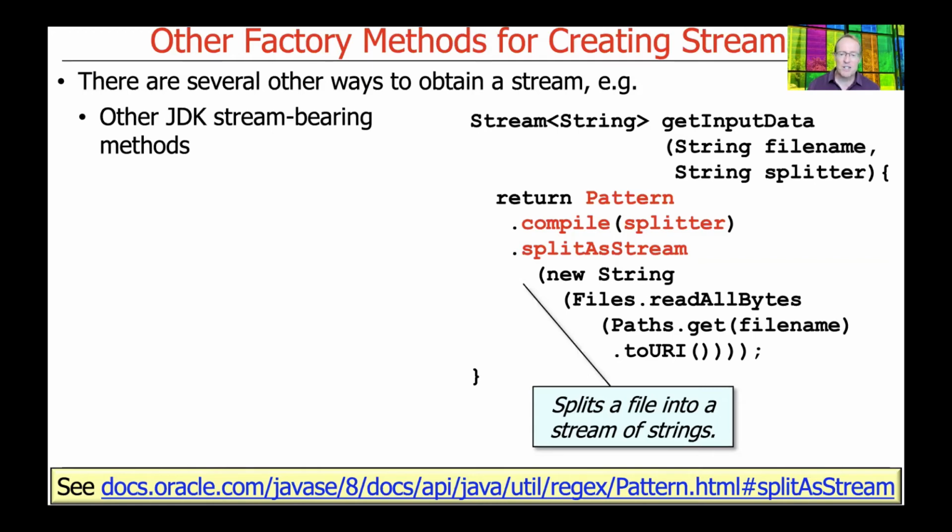So this particular example is going to take a file name and a splitter, which could be a string, which might be a character or a set of characters, and it'll go ahead and read in the contents of a file, and then go ahead and split that file up into chunks based on whatever the splitter is.